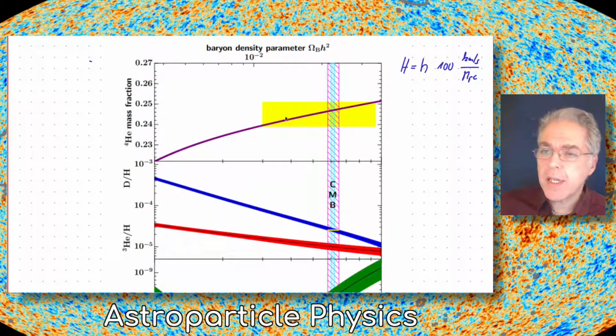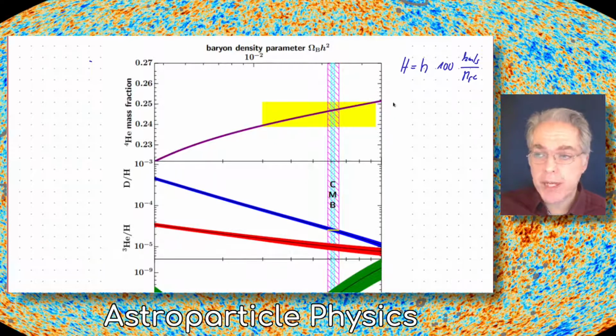And you see that the value actually is changing. The value of helium depends on the density parameter in the way that this is scaled with eta.